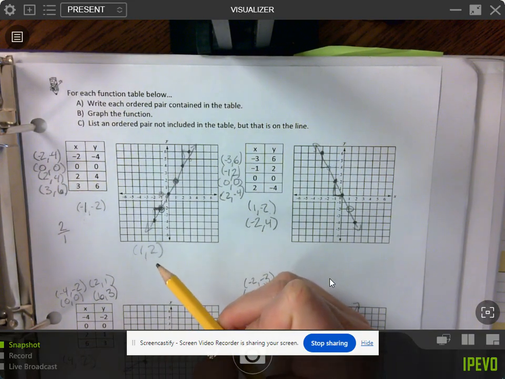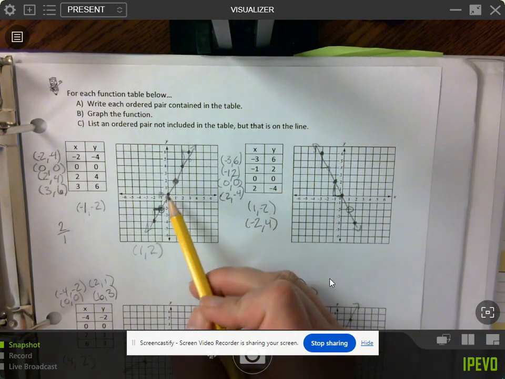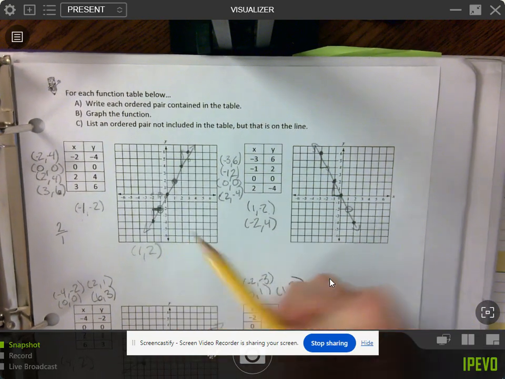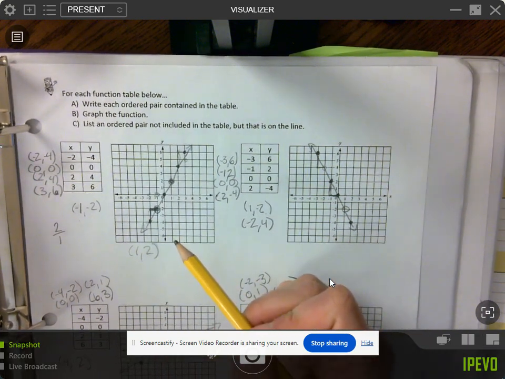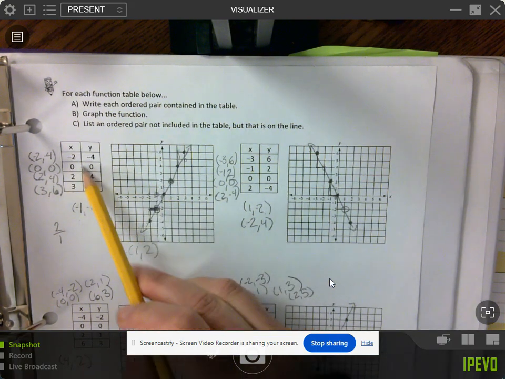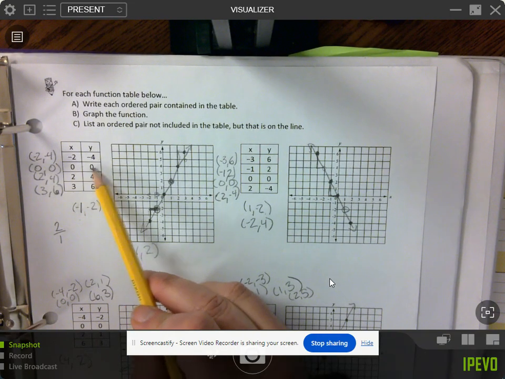Is that the only answer that we could have? No. Does somebody have a different ordered pair? Zelda: -2 and 0. So if I went to -2 and 0, that would not be on our line. One way I know that is I already have 0 for Y, and the X has to be 0.